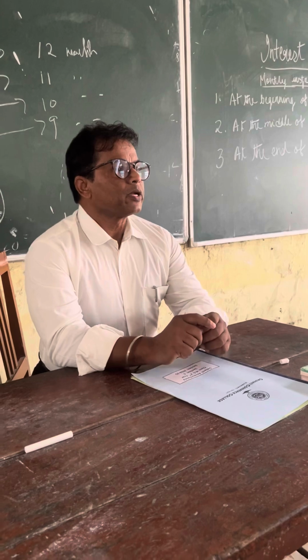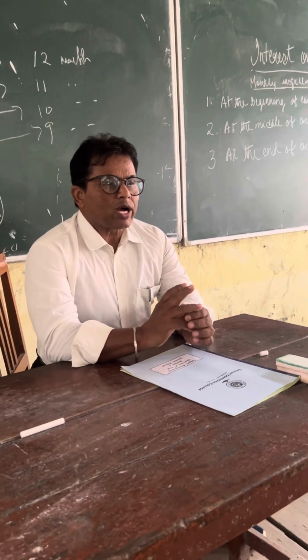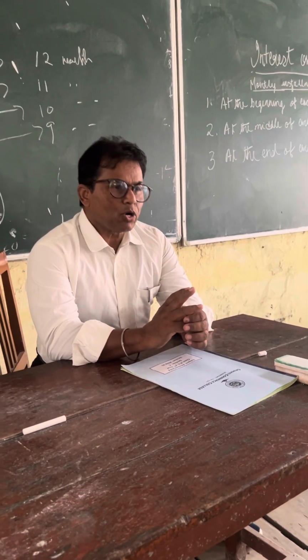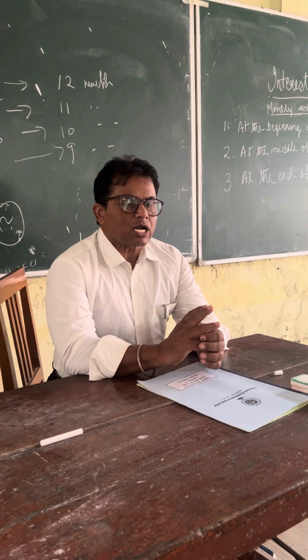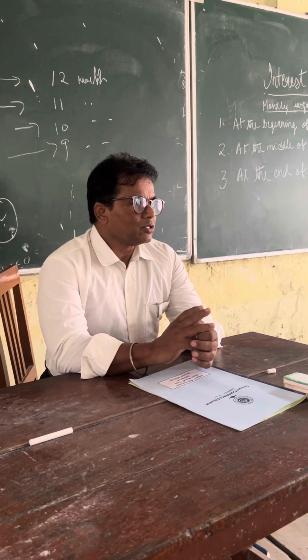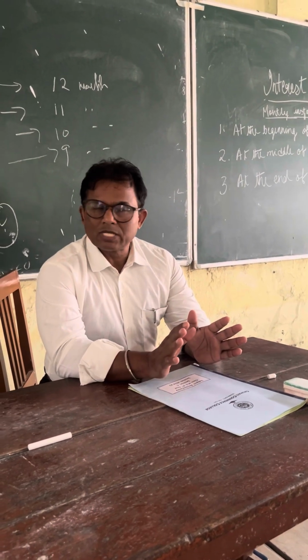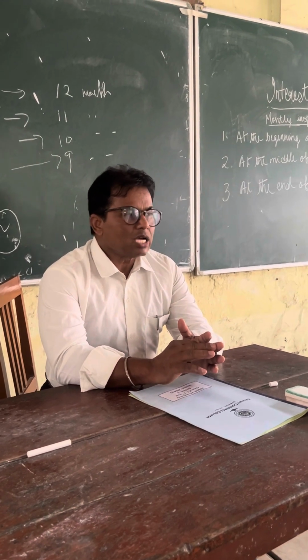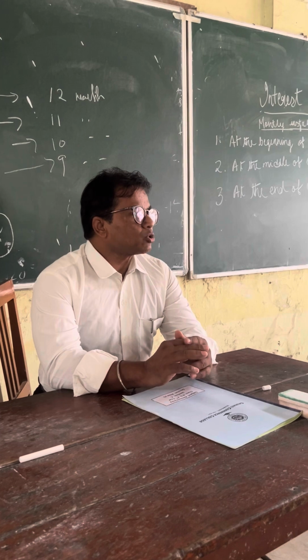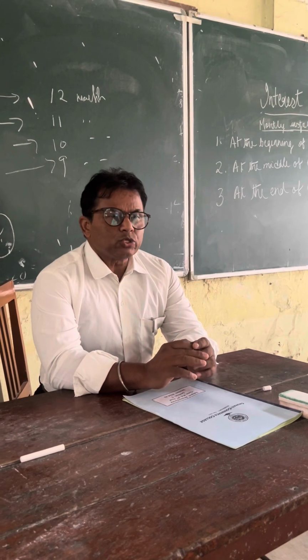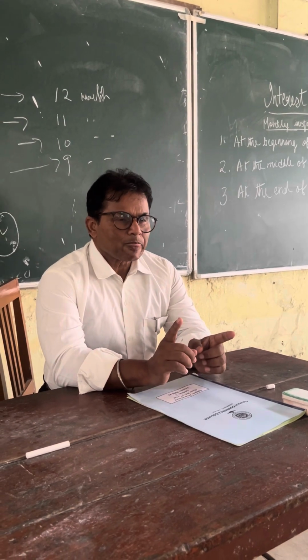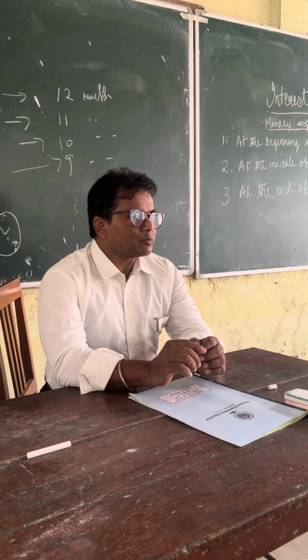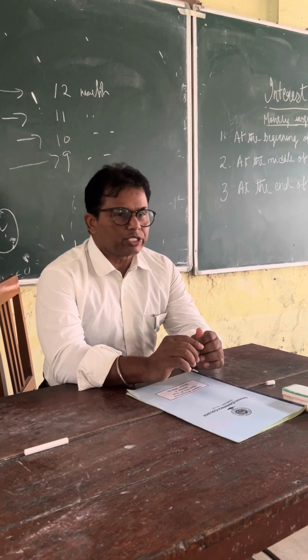So let us take one example. Suppose Ram is a partner of a firm, and Ram drew rupees 10,000 every month as drawings for his personal use, and he drew the amount for 1 year ending on 31st March 2024.